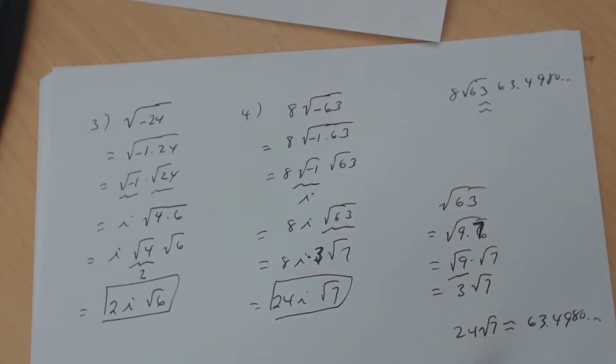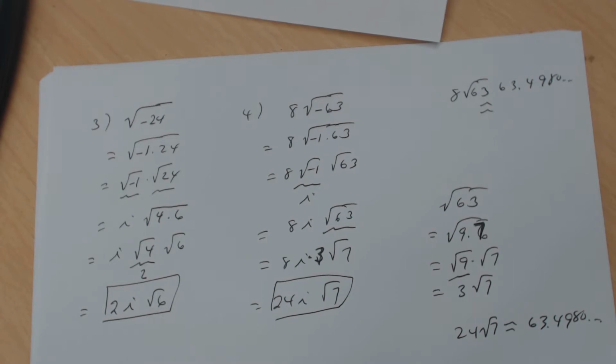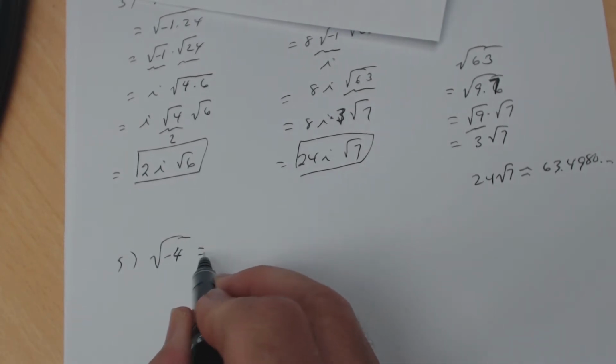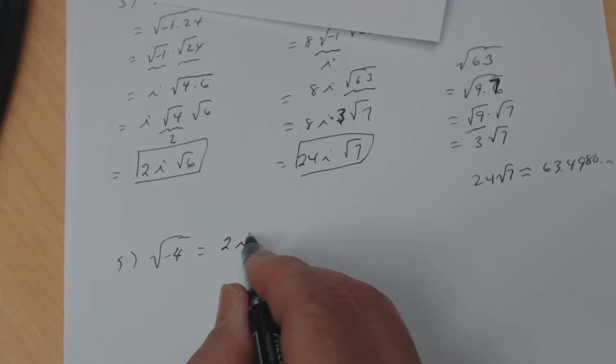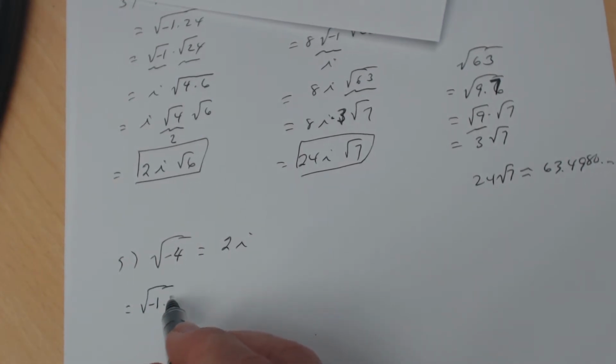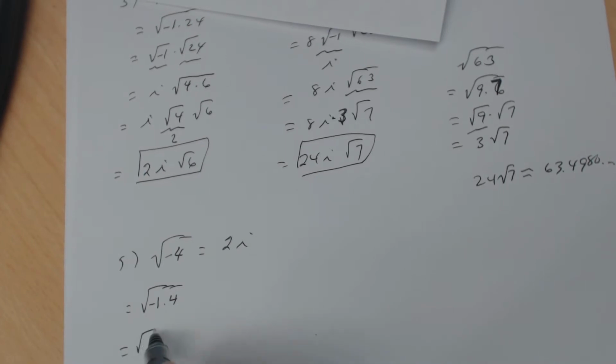Okay, let's look at number 5, the square root of a negative 4. You should recognize right away that that is 2i. And again, if you can't, then just rewrite it. That's going to be the square root of a negative 1 times 4. So the square root of a negative 1 times the square root of 4.